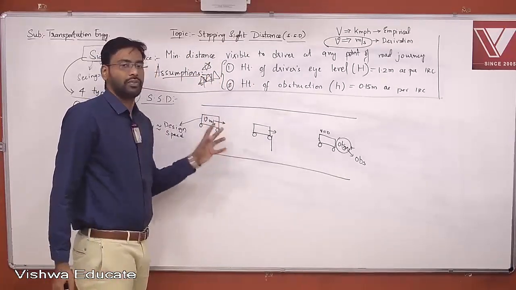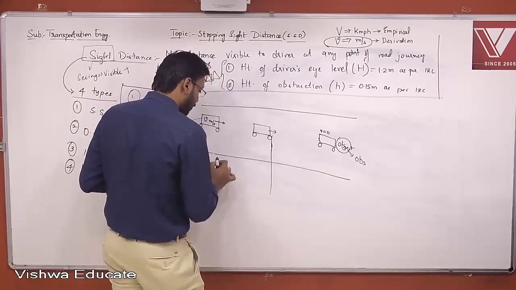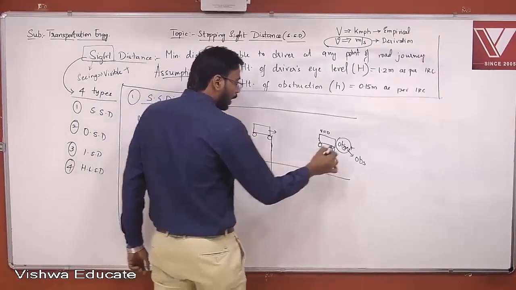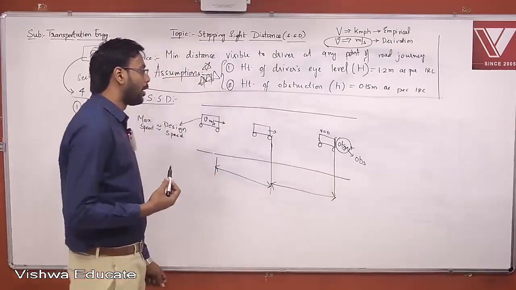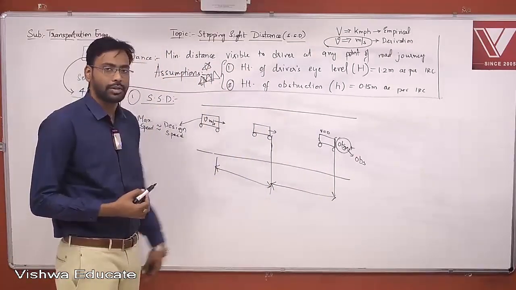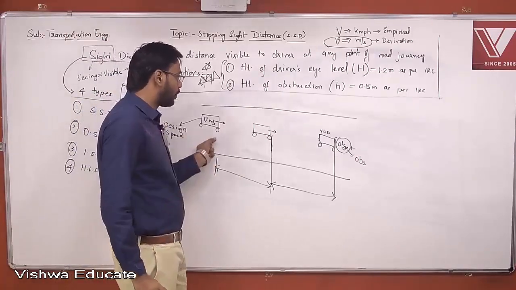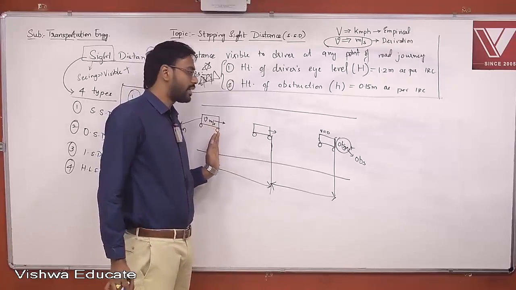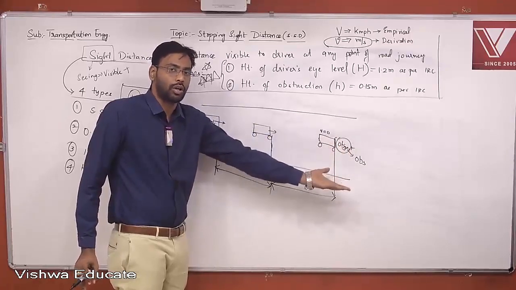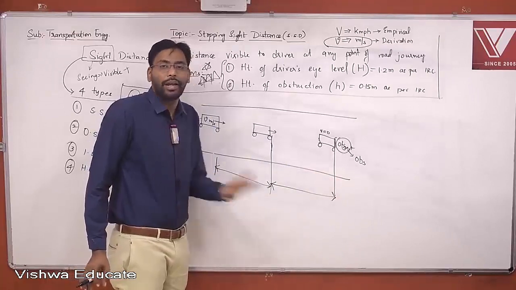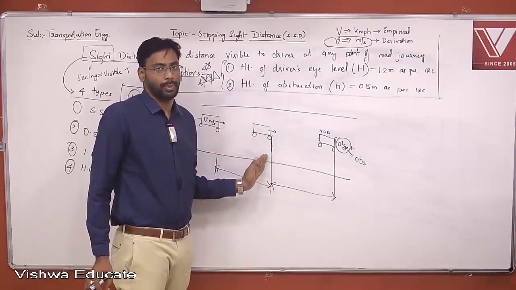Now I'm dividing this figure into 2 segments. This is my first segment, and this is my second segment. What happened in the first part and what happened in the second part? If you see carefully, in the first part you were just looking at that object and analyzing whether it is an obstruction or not, and you have not applied any brake while thinking about it. So you are traveling with the same speed.